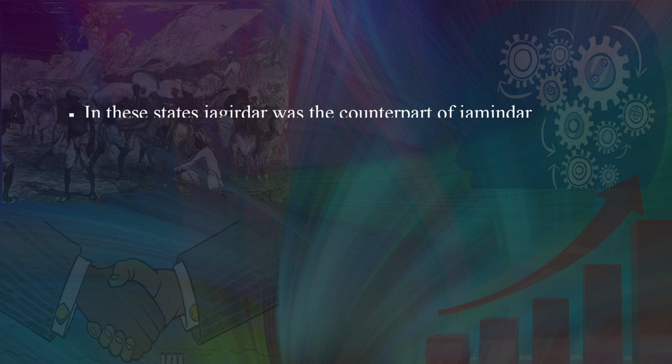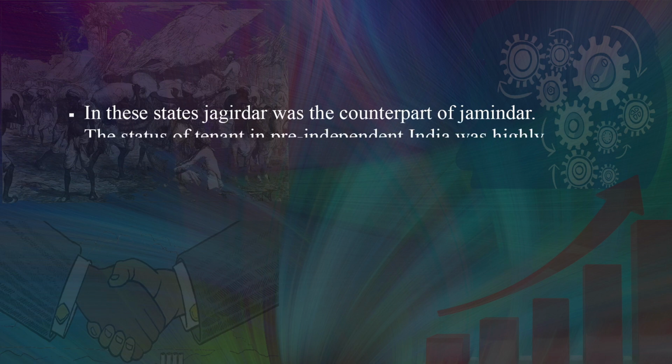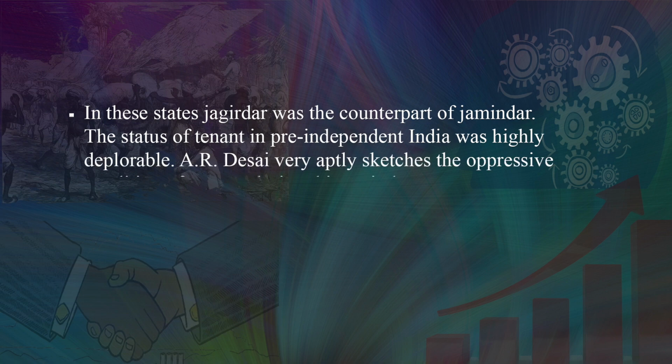In these states, Jagirdar was the counterpart of Jamindar. The status of tenant in pre-independent India was highly deplorable. A.R. Desai very aptly sketches the oppressive condition of tenants during this period.